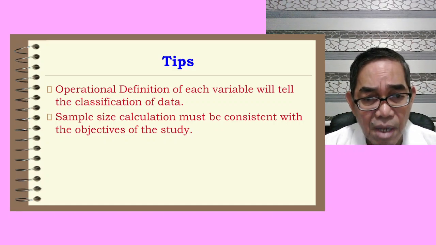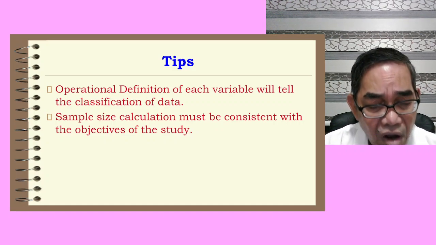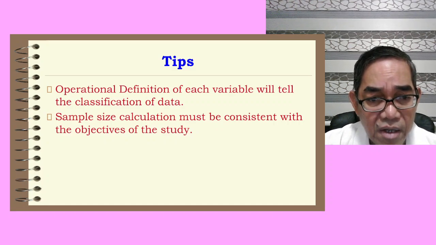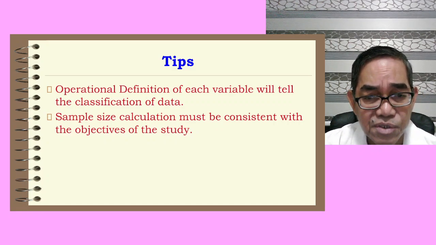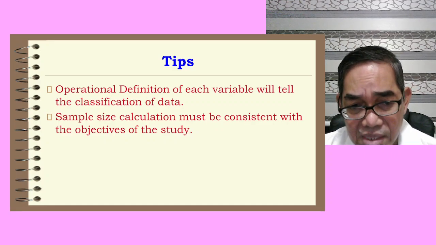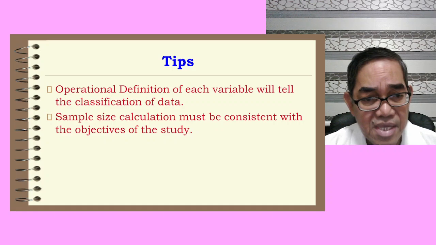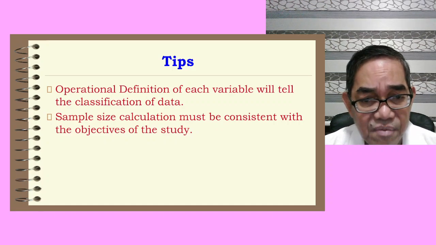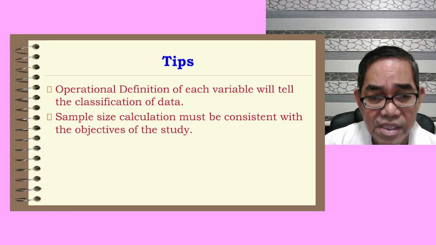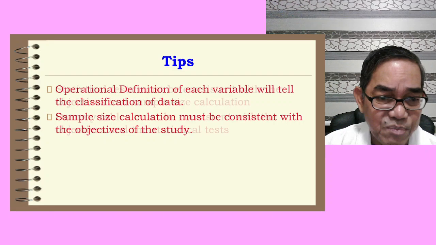When we talked of sample size calculation, we talked of the objectives of the study. So we calculate for the sample size, just to repeat what I have discussed earlier. Okay, just to repeat that sample size calculation is done based on the objectives of the study.